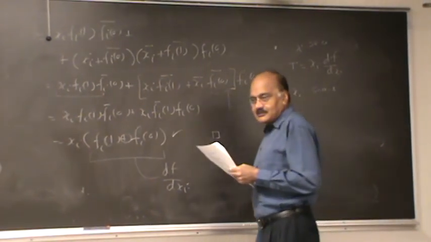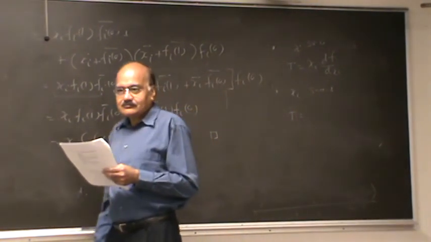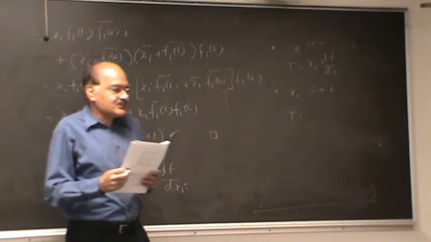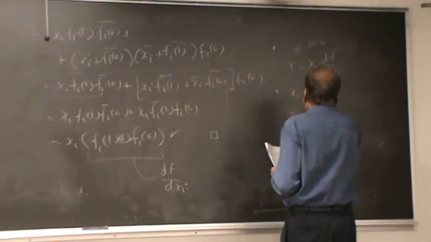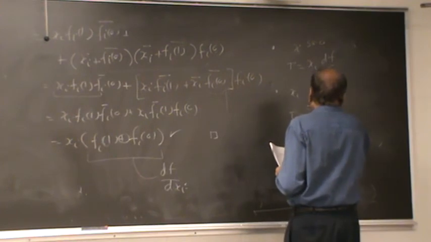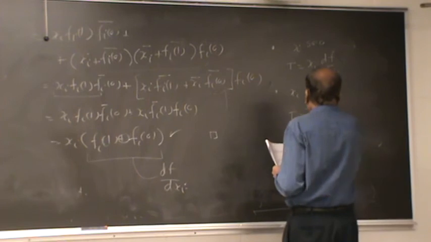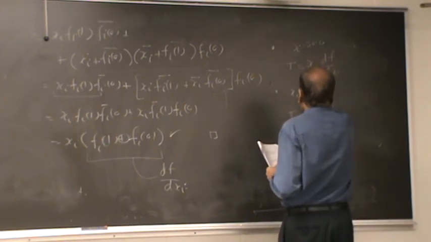How are we going to find the tests? Well, the only difference is that, and you can prove it, df by dxi, that part is the same. So this is the part which is different.